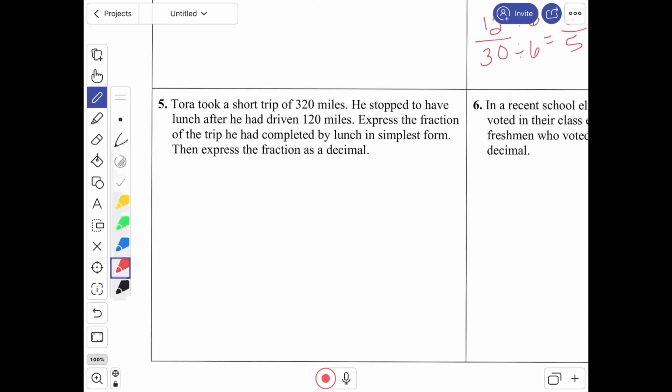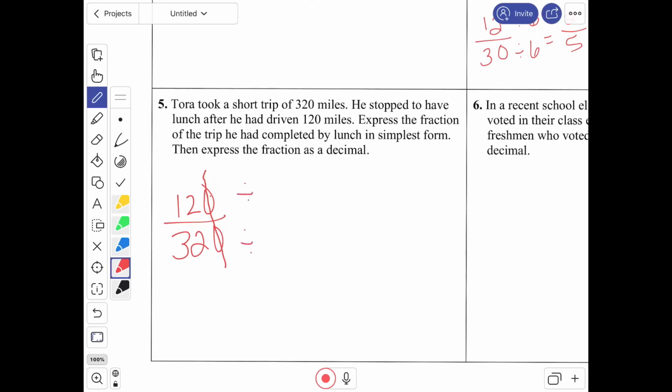So he completed 120 out of 320. Notice there is a 0 on top and a 0 on bottom. That means we can divide both numbers by 10. Or if the zeros line up, sometimes I just mark them both out. And that leaves 12 over 32.